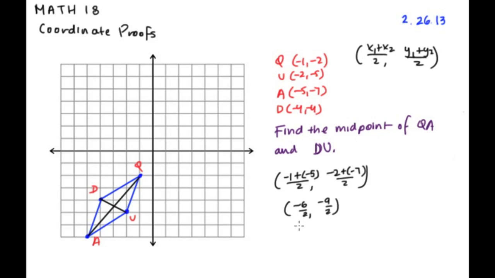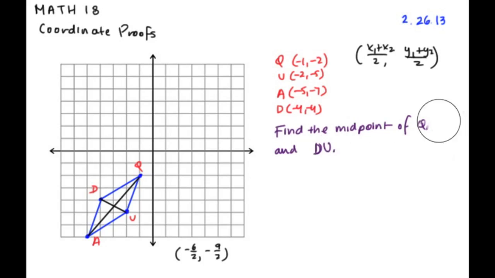We could simplify this more to be a coordinate of -3 and -4.5, but I'm just going to leave this like this. So we know that we're looking for a midpoint of -6 over 2 and -9 over 2. I'm just going to leave it like this because it's a bit less work. So QA is done, check.